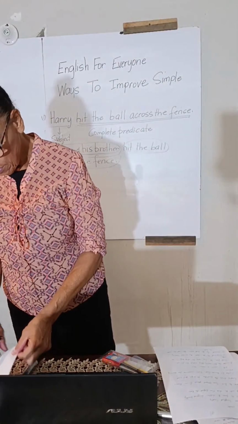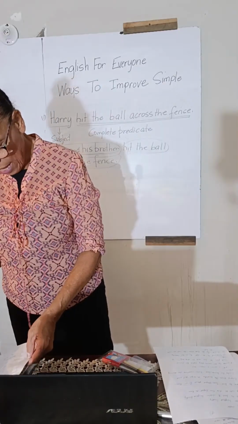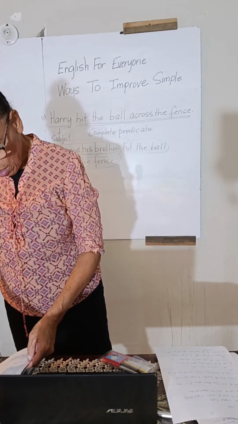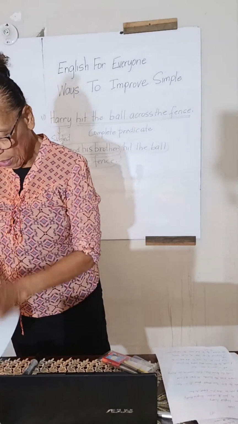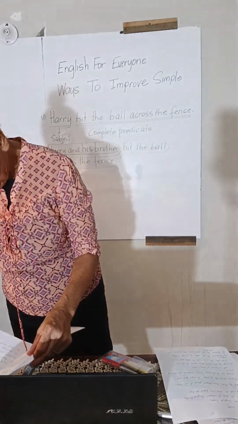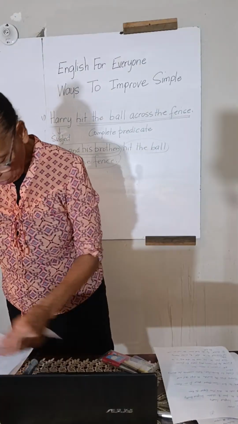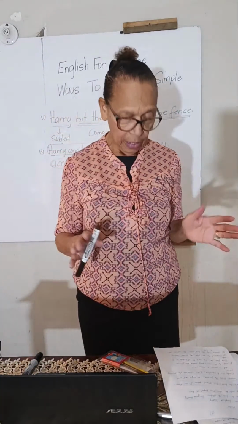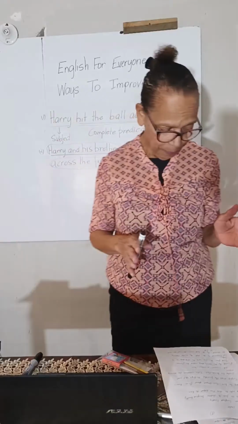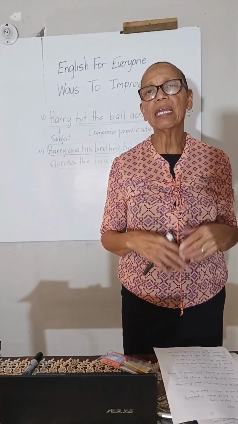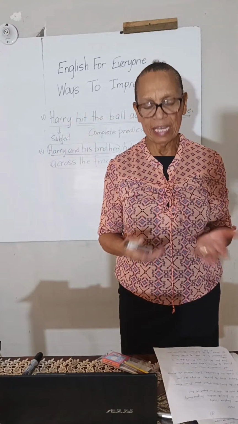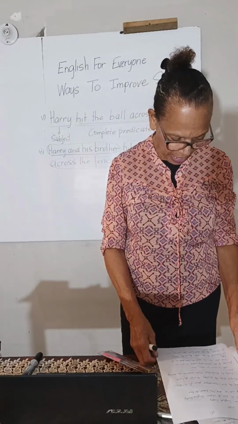All right, so we went on last week and we looked at, let me see what we did last week. We looked at subject and predicate, and we also went on to see how we can improve simple sentences.